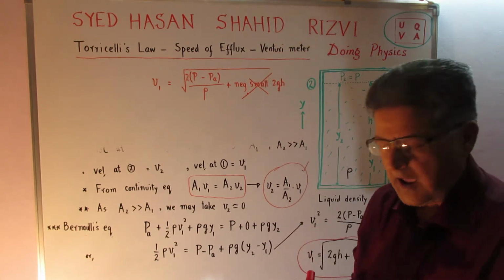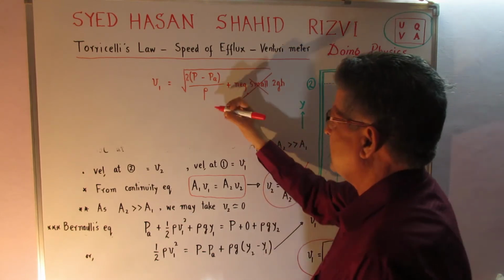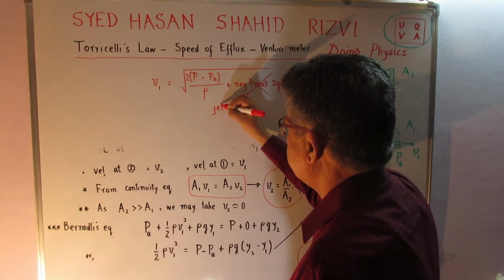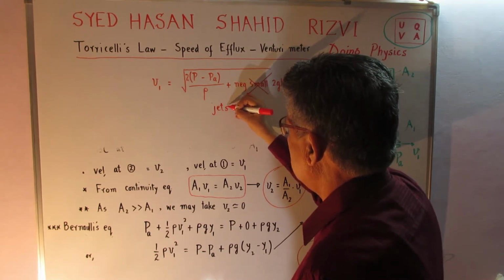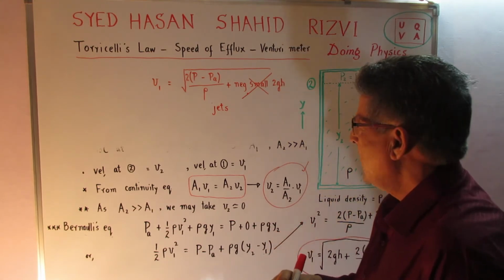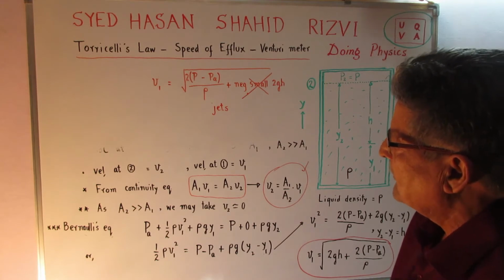And this is exactly what serves the case of jets, where the pressure difference is too large, so this 2GH has no significance at all, and we are left with the velocity.